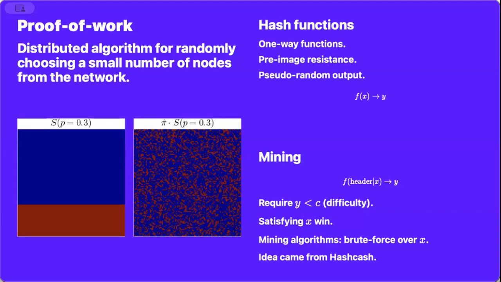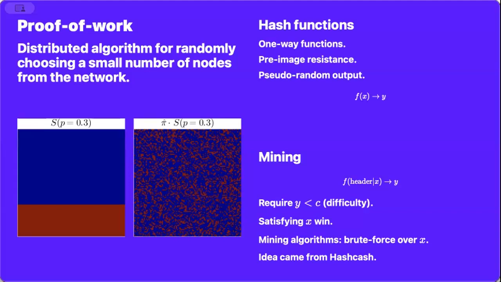And so it's just this process of repeated trial and error on this random type of function until you get an output that satisfies a constraint. And then when you succeed at doing that, you've successfully mined that transaction. In other words, you get a reward and you're considered a winner, and now you participate in notarizing that transaction.